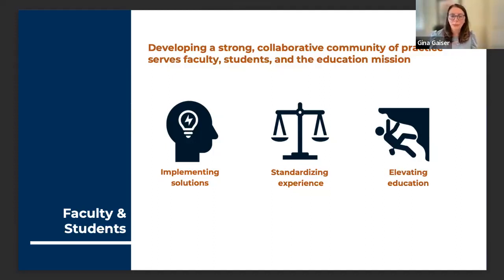Fostering equity will help ensure that all students and faculty have comparable experiences and access to ed tech tools, regardless of their school or program. And it increases the visibility of education on our campus, which is sometimes overshadowed by research and clinical care.